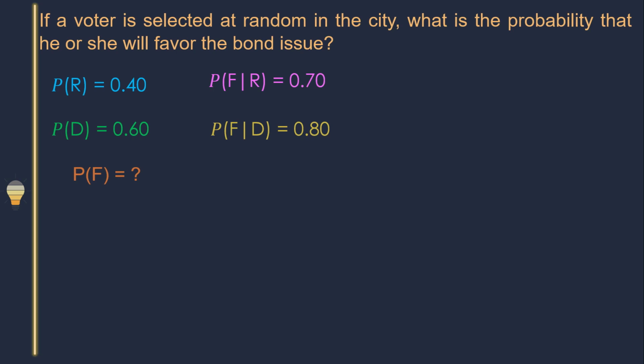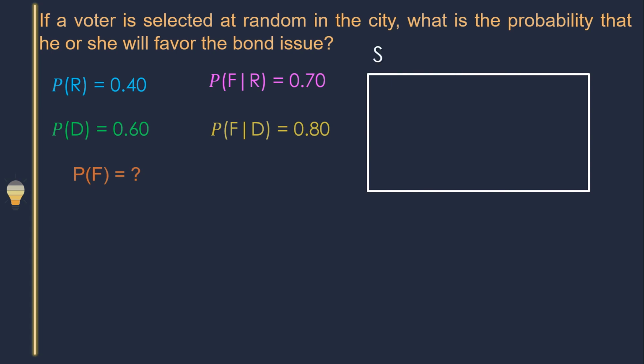Before I go further, let me explain this using a Venn diagram. So S, it is the sample space. What is the sample space here? All people. As I mentioned before, there are only 2 groups, Republican and Democrat. So we can show like this. And favor.